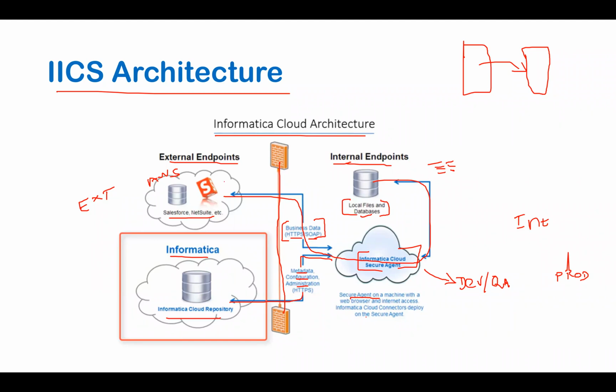In order to do this, all the metadata information will be stored in the Informatica Cloud repository, and the secured connection will be established by the Informatica Cloud Secured Agent. So business data will be transferred from internal endpoints to external endpoints, and all your metadata information will be stored in Informatica Cloud.